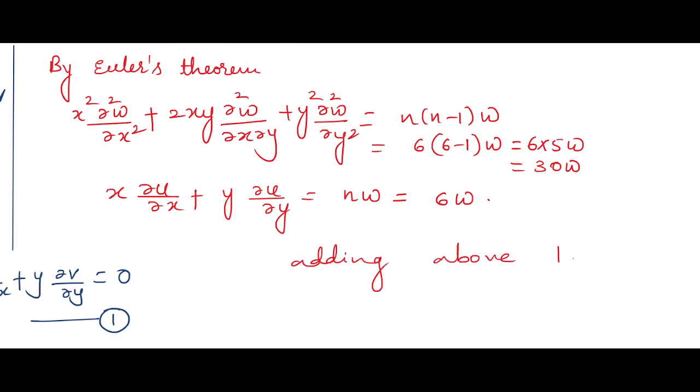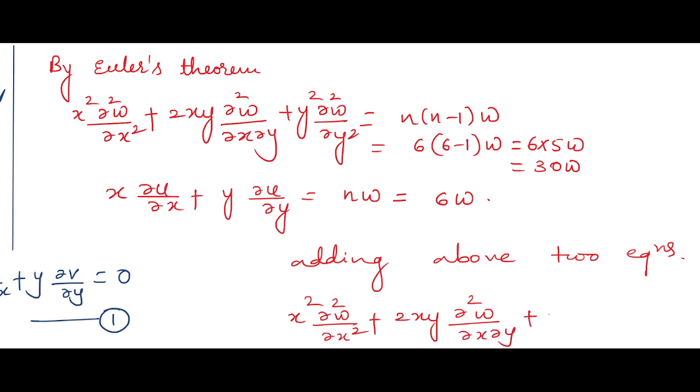Adding the above two equations, what we will get? x² ∂²w/∂x² + 2xy ∂²w/∂x∂y + y² ∂²w/∂y². Now this is the LHS of the first equation.